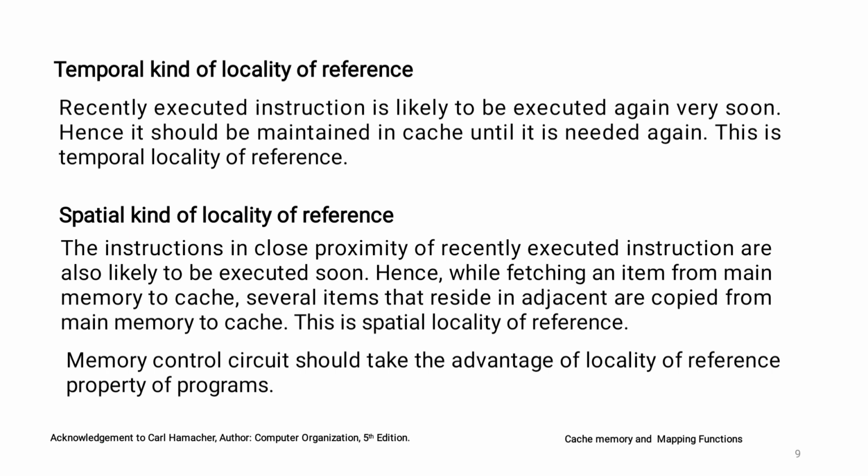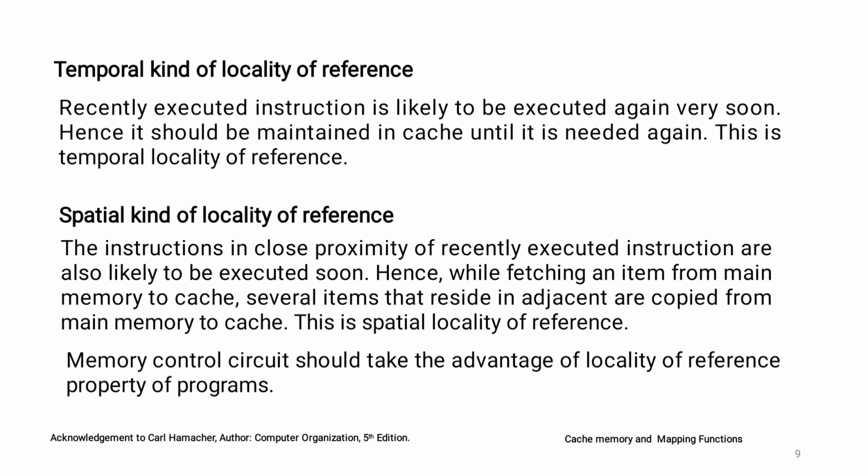Then instructions in close proximity, in the neighborhood of recently executed instructions, are also likely to be executed soon. Hence, while fetching an item from main memory to cache, instead of only one item, several items that reside adjacent are copied from main memory to the cache. This is called spatial locality of reference.